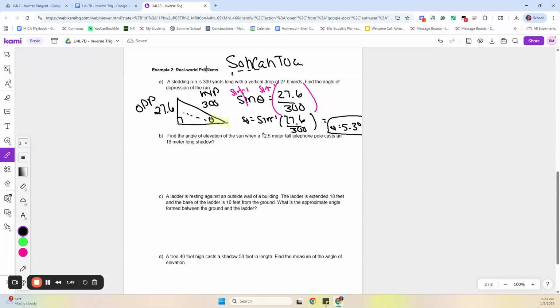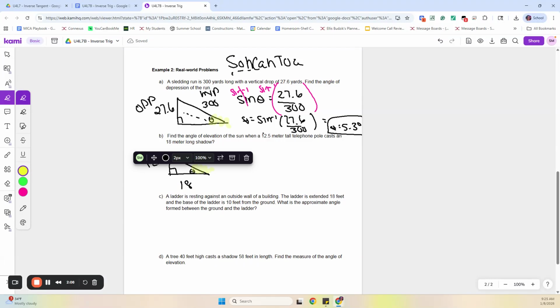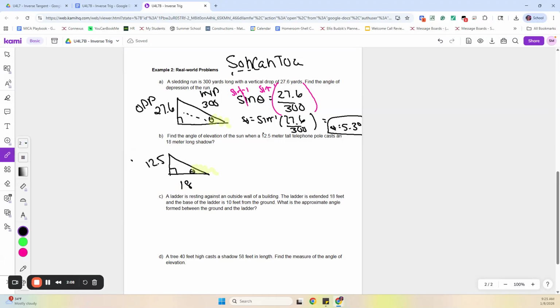All right, part B, find the angle of elevation of the sun when a 12.5 meter tall telephone pole casts a shadow that's 18 feet long. But remember, shadows are always on the ground. So we got this angle we're looking for. This is our opposite, and now we got our adjacent. So O and A go with tan. So we get tan of our angle equals our opposite over our adjacent.